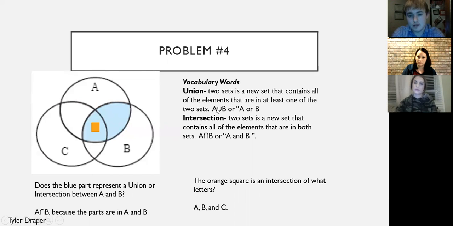So A union B, or A or B. Then we have intersection, 2 sets in a new set that contains all of the elements that are in both sets. So A and B. In this one, we see the blue shade here, and we can tell that it's an intersection because we have both A and B in the Venn diagram.